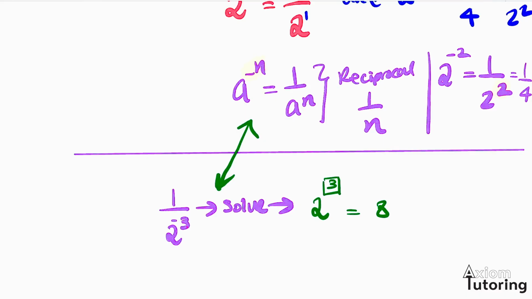So when there's a negative exponent in the numerator, you can send it to the denominator and make it positive. Or when there's a negative exponent in the denominator, you can actually send it to the numerator and make it positive.